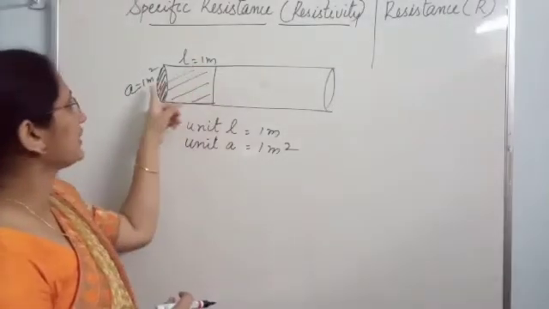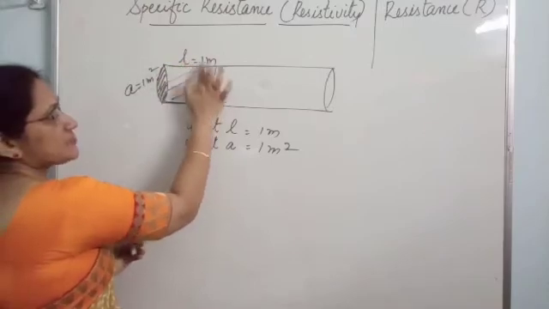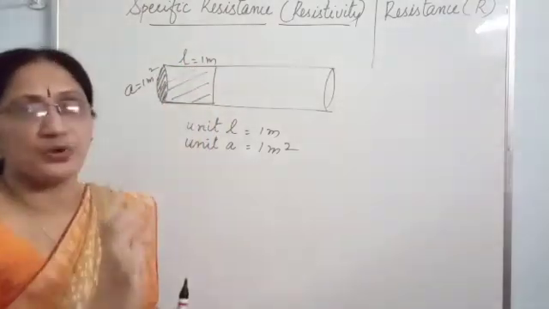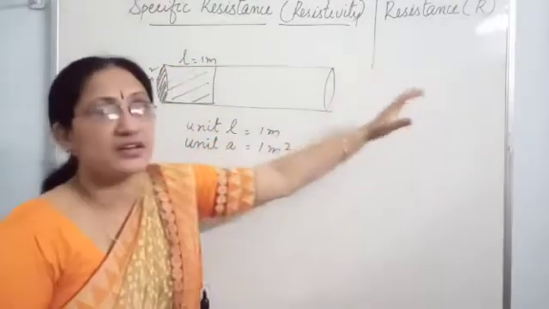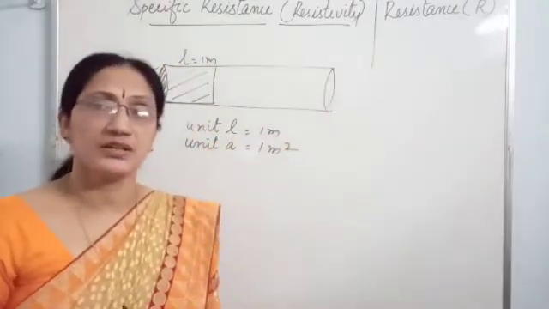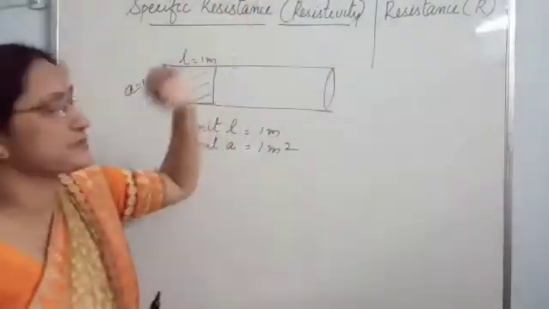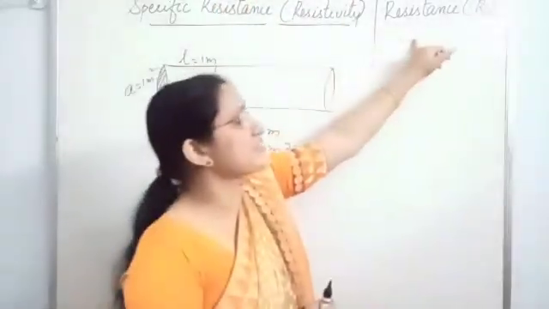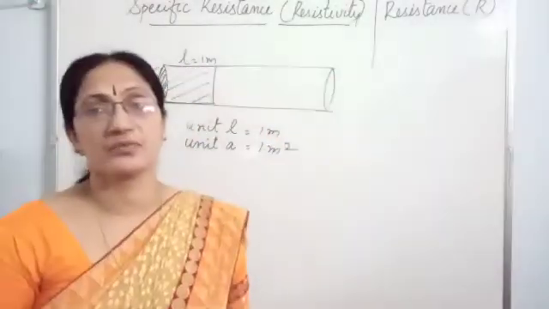Actually, unit length and unit area of cross section, we can also say unit volume. This volume is known as unit volume. So specific resistance does not vary with the length or thickness of the wire. That is one difference between resistance and specific resistance. Resistance varies with the length and thickness, but specific resistance does not vary.